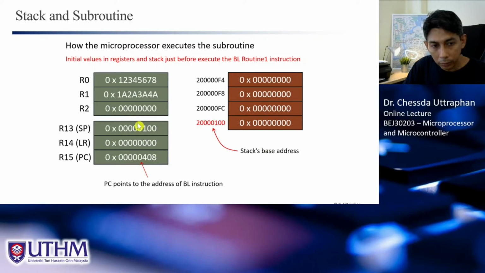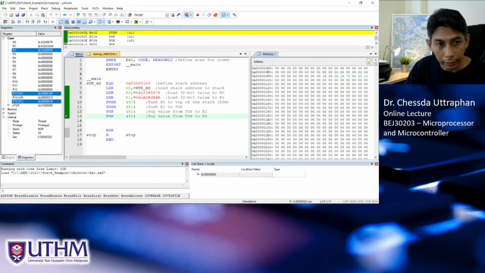So we need to have hardware that knows what to do after we do this. That's why we need the LR, the link register, to store the return address. And let's see how it actually works.